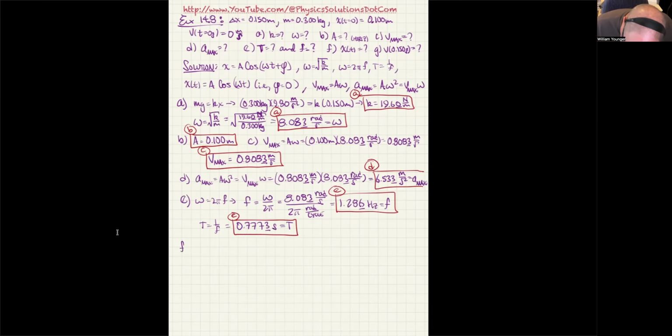So F, we want x of t. That has got to be equal to the amplitude, which we already found was 0.100, times cosine of omega, and omega we found was 8.083 radians per second, and then all that will be multiplied by time, and the phi is 0.